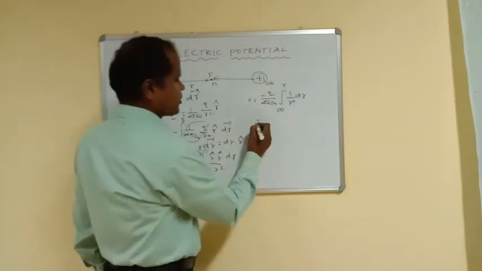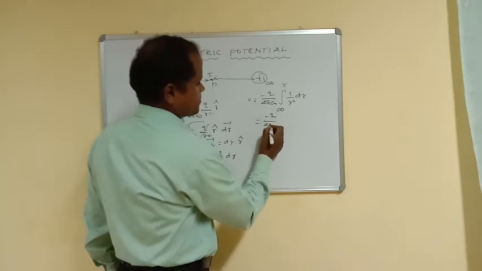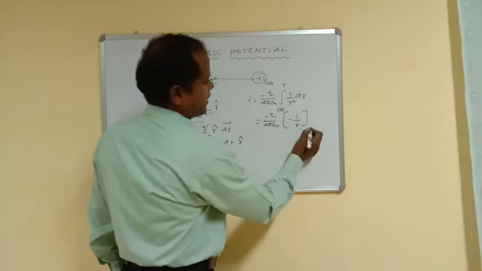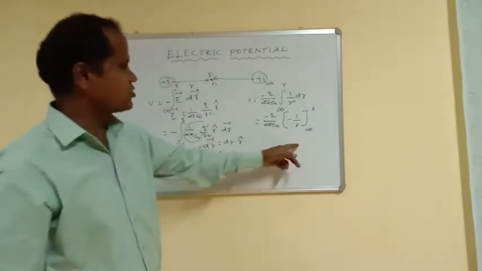So this is minus q by 4 pi epsilon 0 times minus 1 by r, with limits infinity to r.